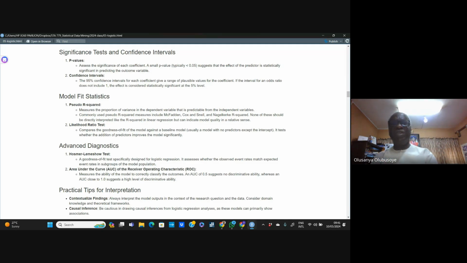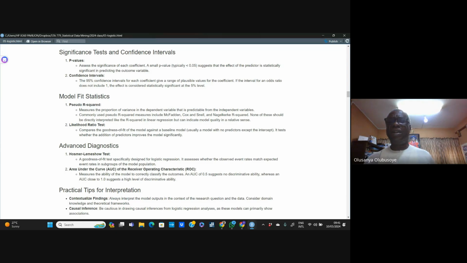There are several pseudo R-square measures: McFadden, Cox and Snell, and Nagelkerke R-square. They can be interpreted the same way, measuring the proportion of variance in the dependent variable that is predictable from the independent variables.